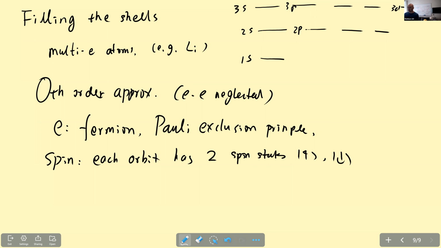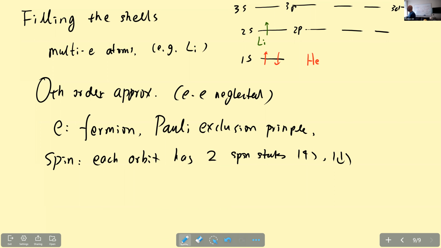That means if you put electrons right here, first of all you put one electron in this lowest energy state to make this atom be at the lowest energy, and then for the next one, you have to put this electron in the spin down state. So this one is for example helium. And if I have one more electron, then you will put it right here. So this one is for the lithium.